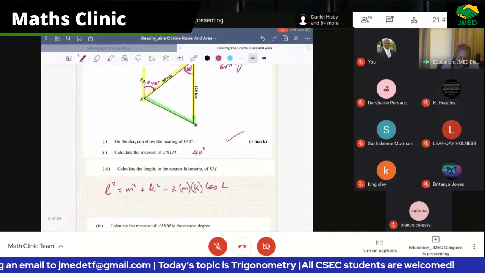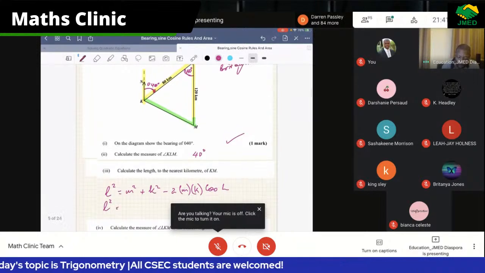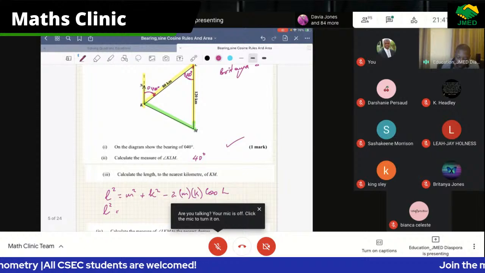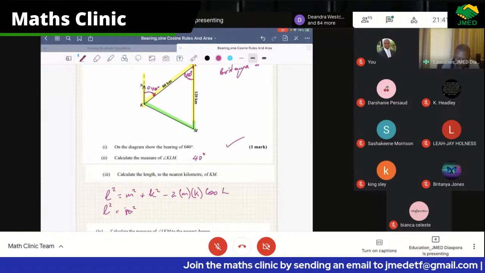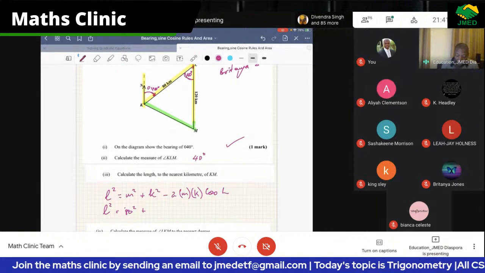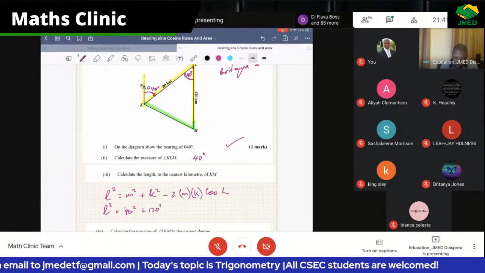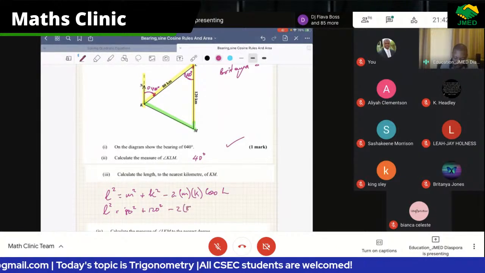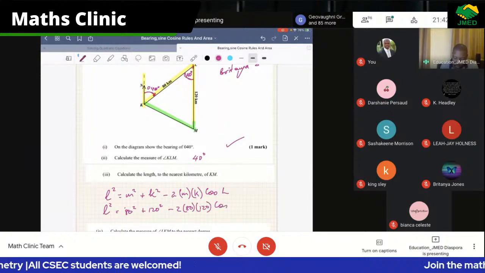So we've got L square, what we want to find, is equal to M square, which is 80 meters square. So I'm going to say 80 square plus, here I'm going to say now it is 120 square, minus 2 times 80 times 120, the cos of 40 degrees.